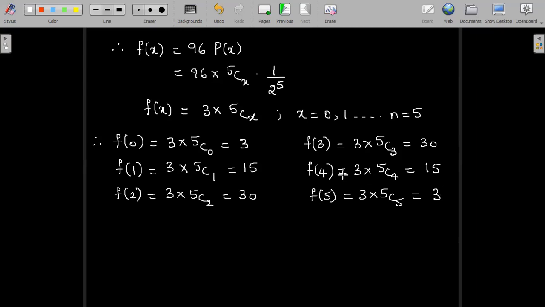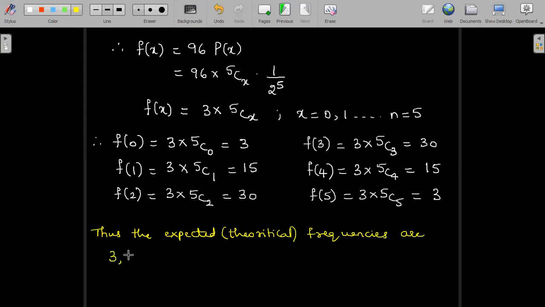And hence we can conclude the expected or the theoretical frequencies, both are one and the same. Theoretical frequencies are respectively 3, 15, 30, 30, 15, 3.